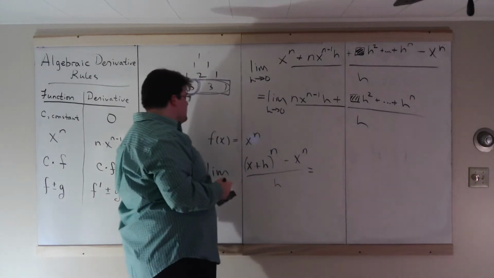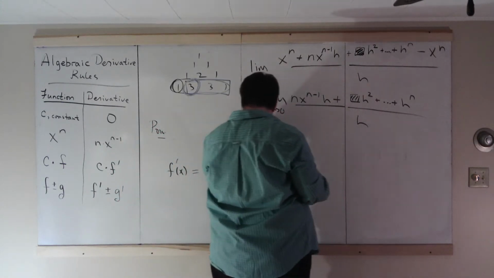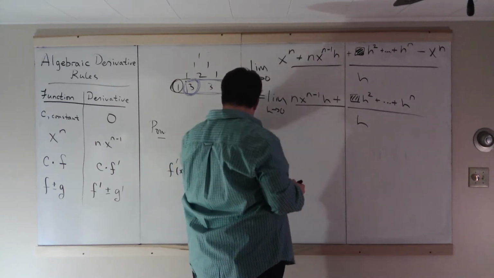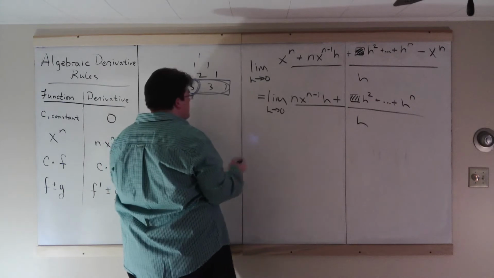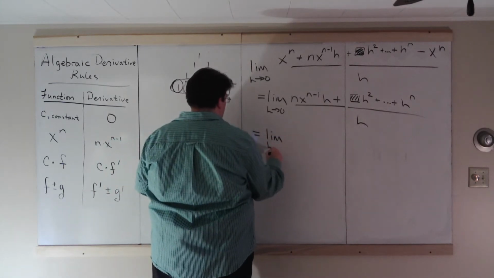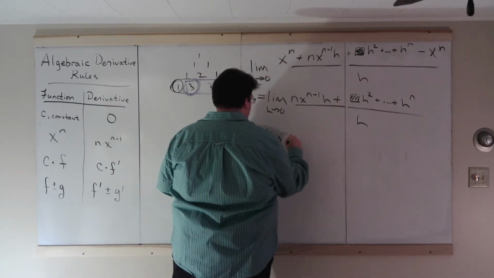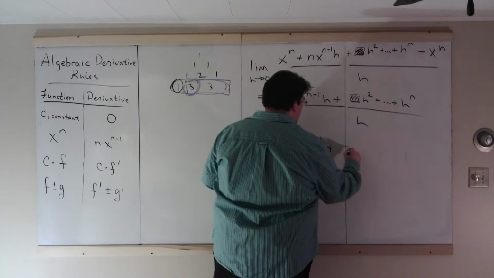Again, we can't take this limit because we'd get a 0 over 0. But we can cancel an h from everything. And we're left with what? n x to the n minus 1 plus blob.